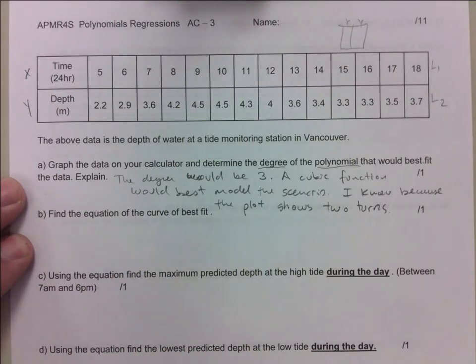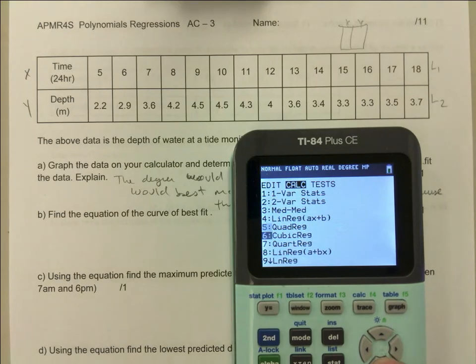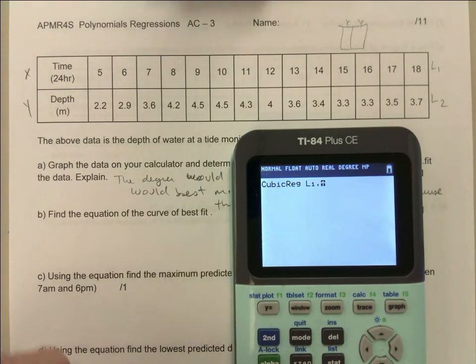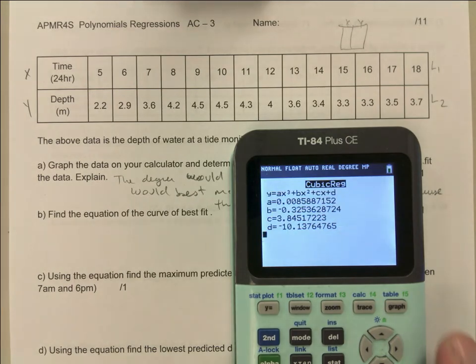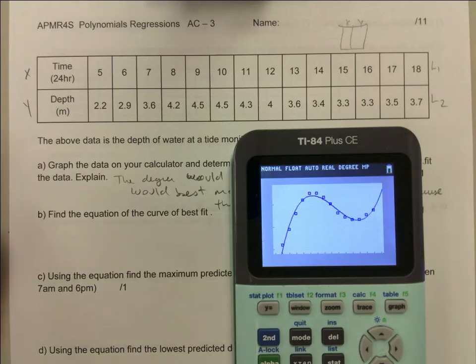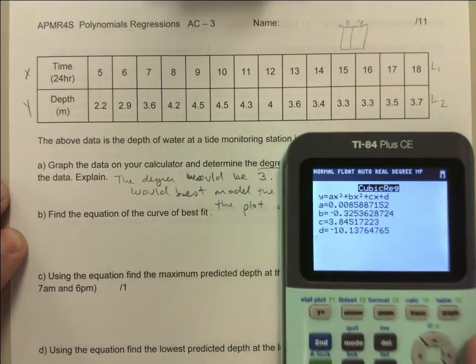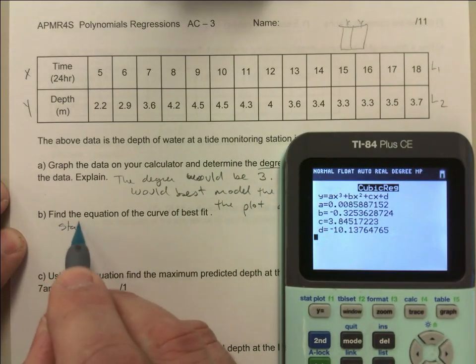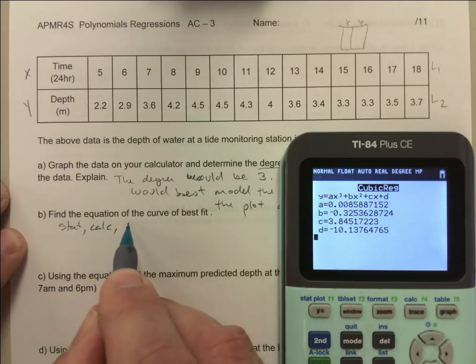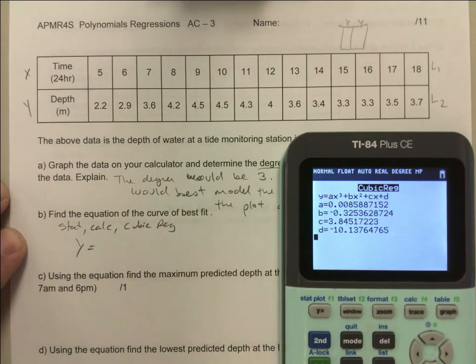The equation now. I will go and perform the regression. 1, 2, alpha, trace, enter. Does a pretty good job. So I'm going to run it again. So here it is. Stat, calc, cubic regression. You write down your equation.